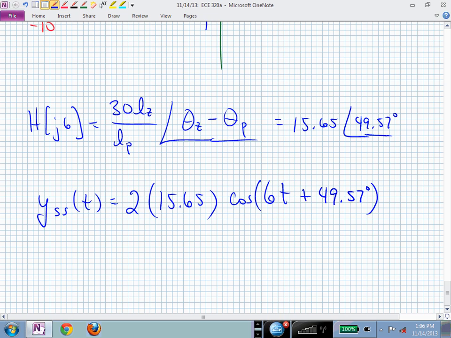Questions on that? And it's clear where the L sub Z and L sub P and the theta P and theta Z come from, isn't it? Questions on graphical determination of transfer functions?